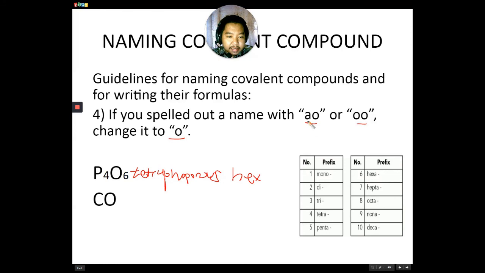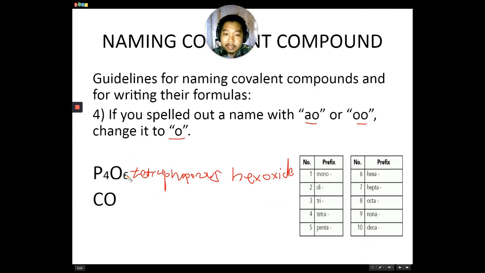But since it's AO, hexaoxide, we simply drop the A and change it to O to become hexoxide para hindi siya awkward pakinggan. And another example now that gives us all the rules is our CO.